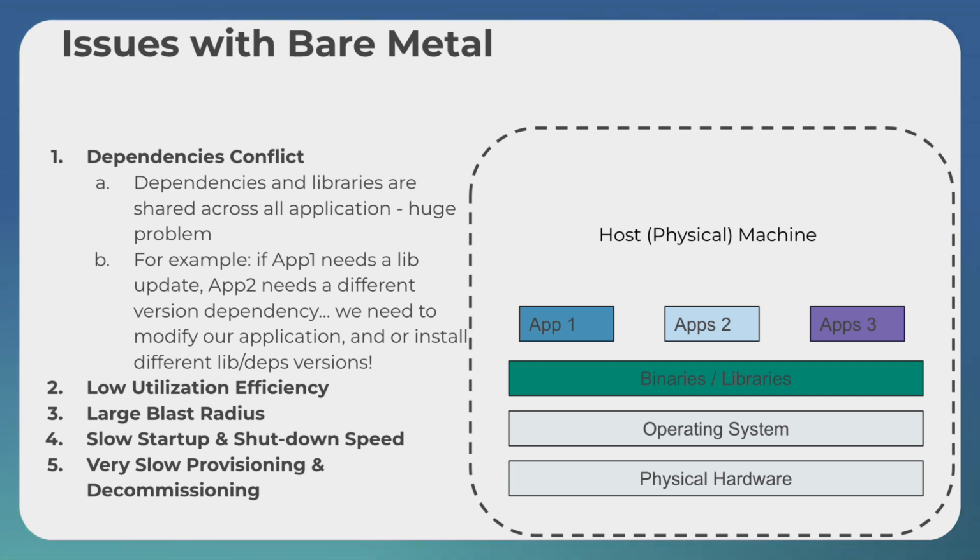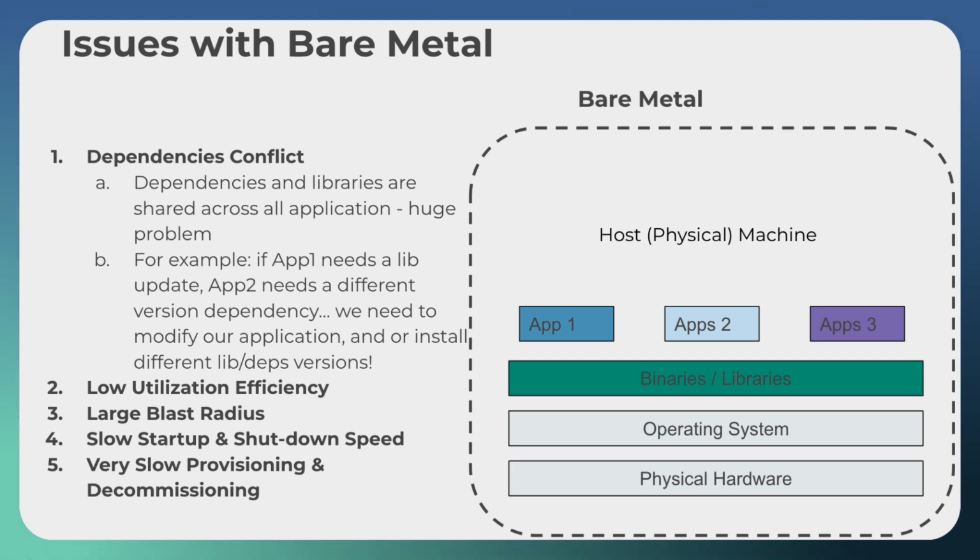In this case, you need to order new machines, set up servers, and do more installation and configuration. So it is a lot of work, even though it works because it's bare metal. That means we can just install applications, but then it comes with problems.